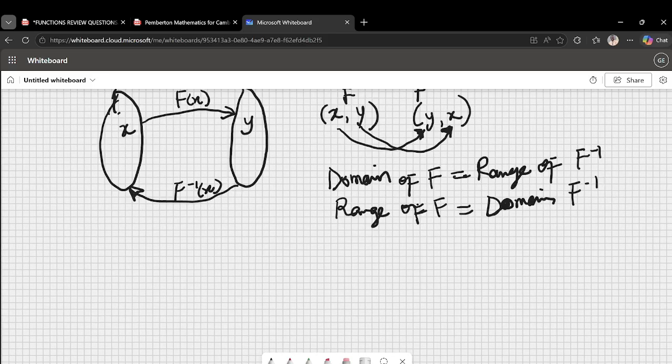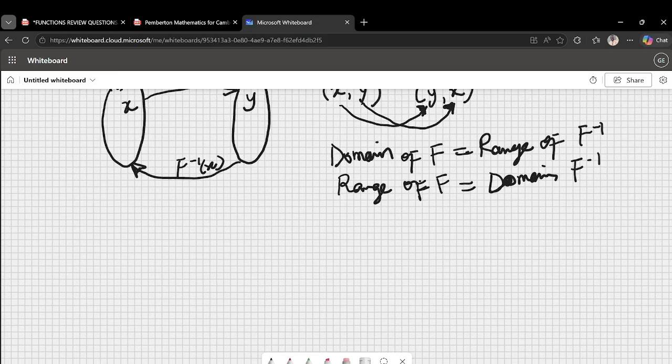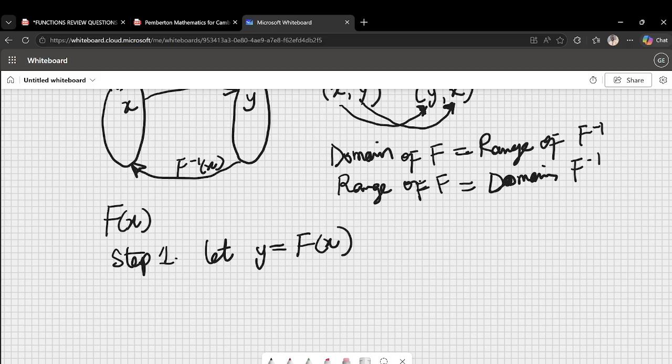So there are certain steps we use to find the inverse of a function. If we have a function f of x and I want to find the inverse, step 1 is you say let y be equal to the function f of x. Then step 2, you will now swap x and y.